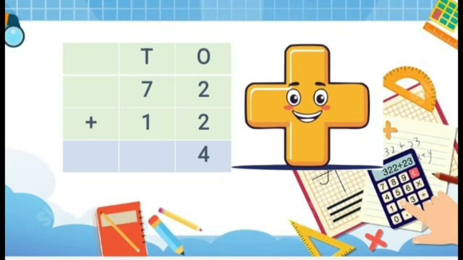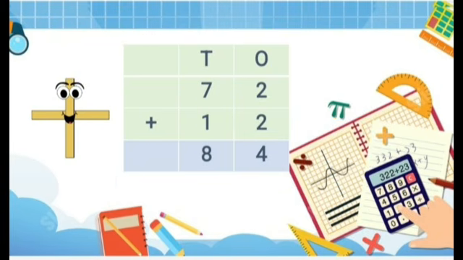In this example, the ones digits are 2 plus 2, that is 4. 2 plus 2 is equal to 4. Now, in the tens column, 7 plus 1 is equal to 8. When we add 7 plus 1, the answer is 8. So the answer is 84. 72 plus 12 is 84.